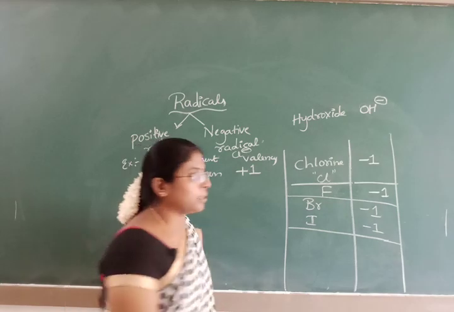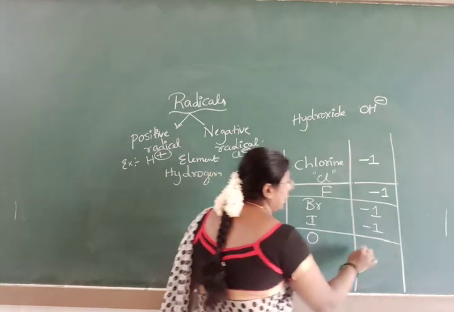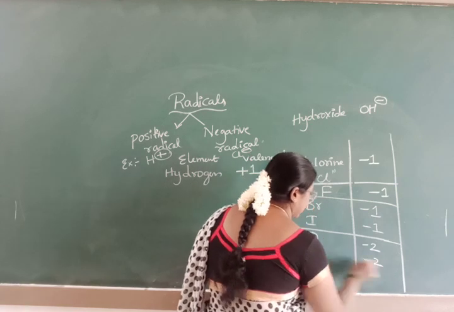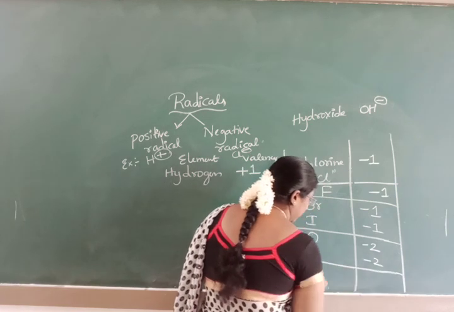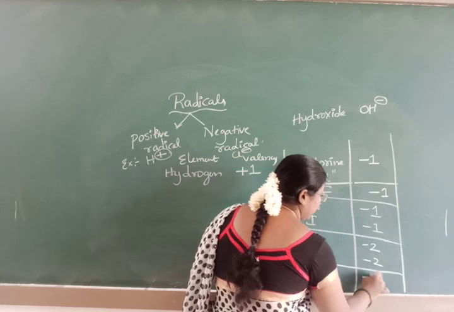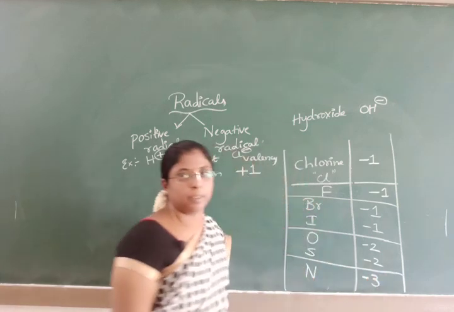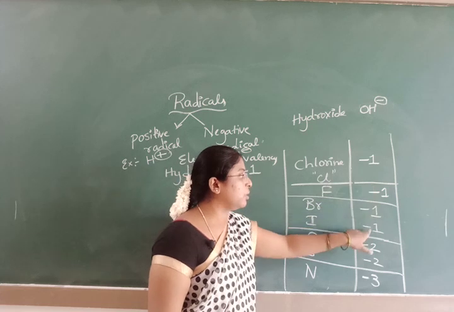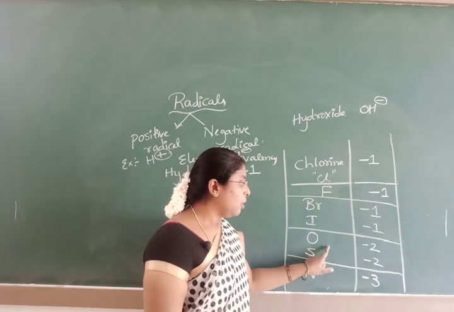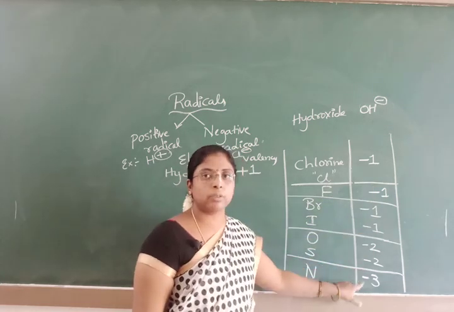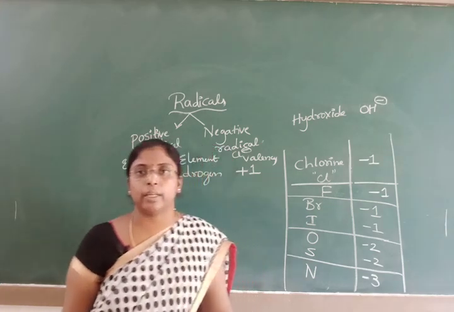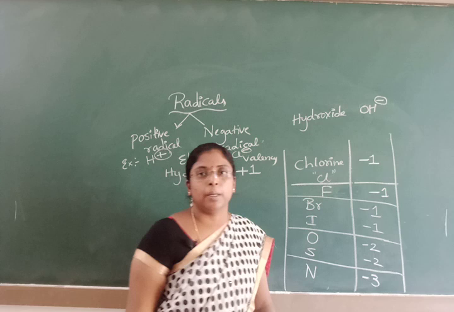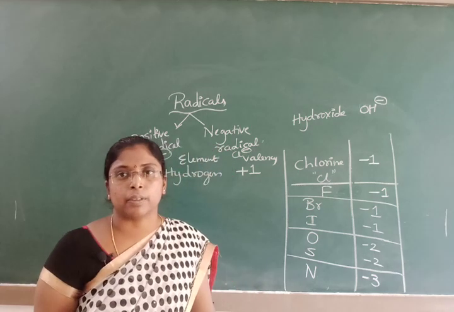If I take oxygen, O, its valency is -2. Sulfur also has valency -2. Nitrogen has valency -3. Here, the halogens gain 1 electron to form an octet configuration, oxygen and sulfur gain 2 electrons, whereas nitrogen gains 3 electrons. Hence their valencies are -1, -2 and -3 respectively.